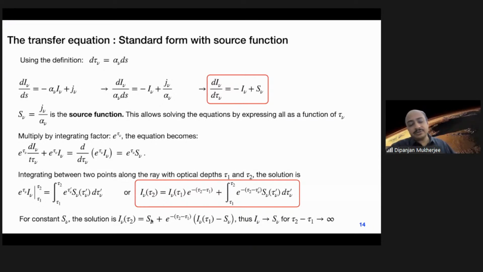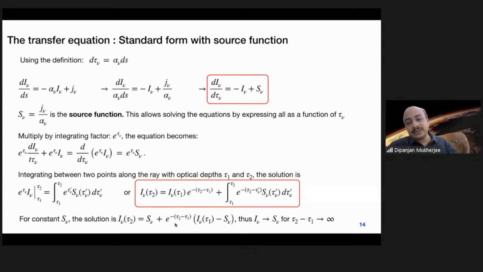This is very interesting because what we started off with is a ray of light bringing some intensity as it enters point 1 and goes towards point 2, and physical processes are adding or subtracting emission out of it. However, if you go to regions where the optical depth is very high, then you completely lose any information about the incoming intensity.